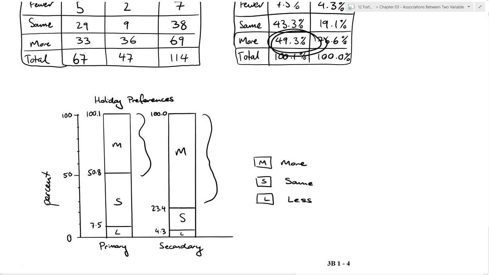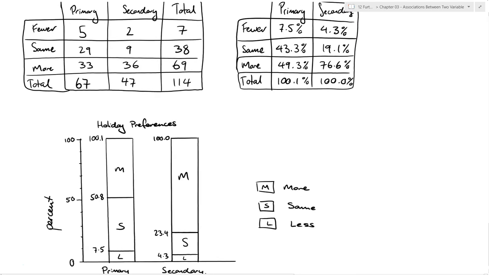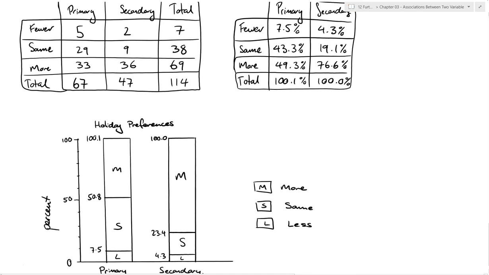Only 49.3% of students in primary school want more holidays. And at the other end, similar deal. Only 19.1% of secondary school students are happy with the number of holidays they have. 43.3% of primary school students are happy.